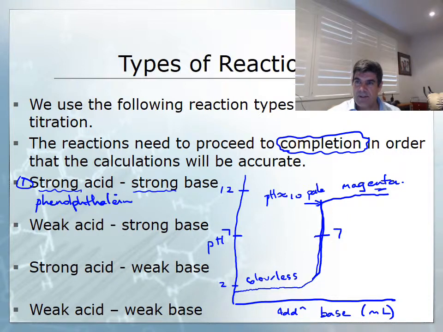What happens though if we have, and I'll just change colors for a second so you can see this, a weak acid and a strong base? Well, the weak acid first of all is not going to start down in this region. It's going to start up in this region. It's going to wander through because at this point in time you've got an equilibrium shift.